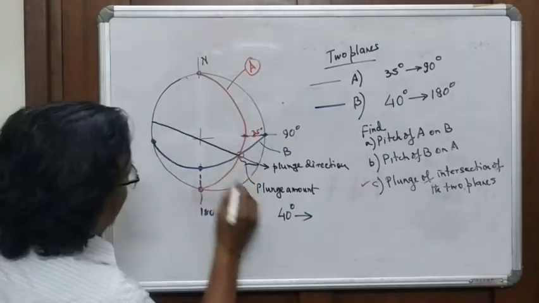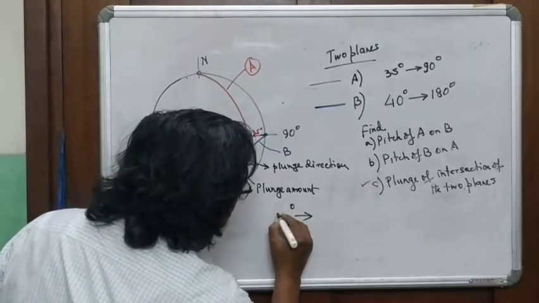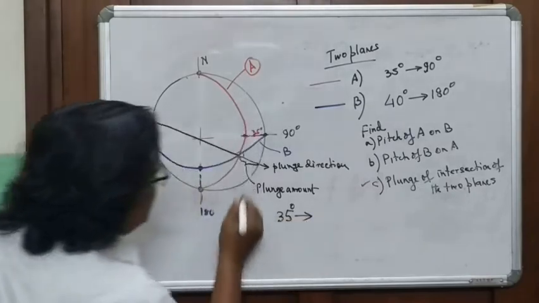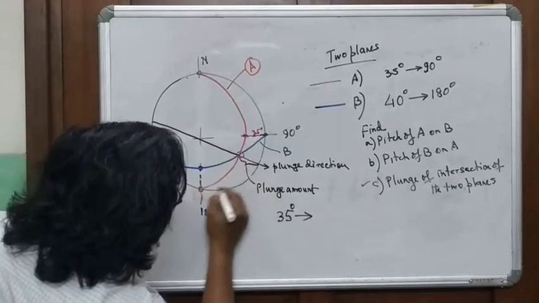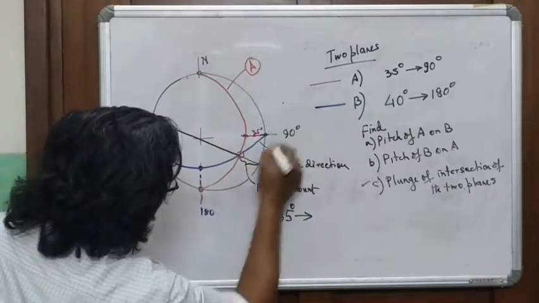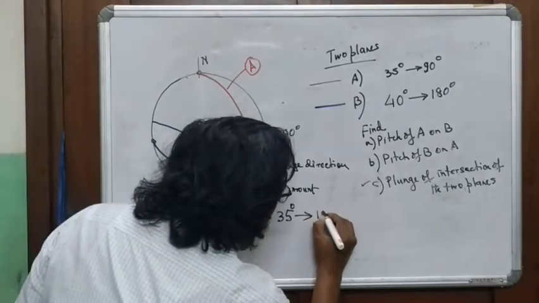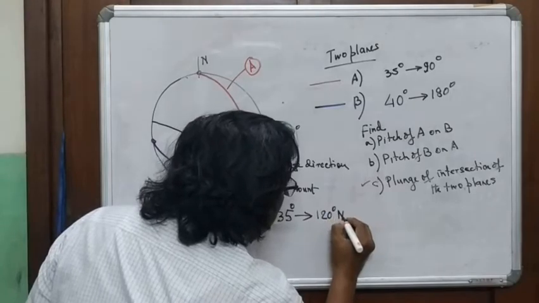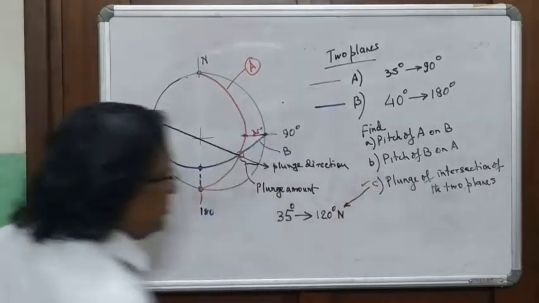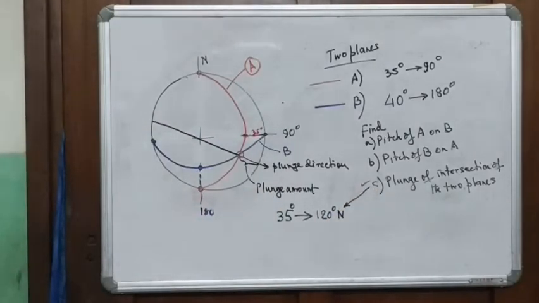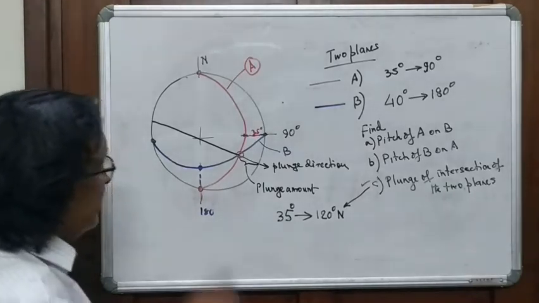Plunge amount is roughly maybe 35. I don't know. I have to find out. 35 degrees, and the plunge direction is towards. This is 90. This is 180. This is 135. So maybe 120 degree north. That's the answer to question C. 35 towards 180 degree north. Remember what you did.